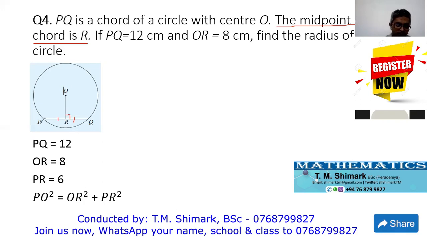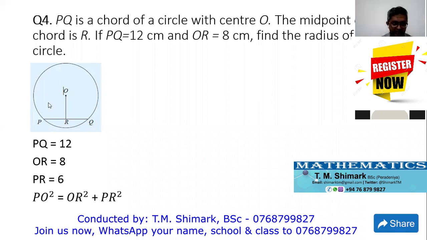So PQ they gave to be 12 and QR is 8, and so PR is going to be 6. So now we can find out OP or PO, that is the radius, right? So whose theorem can we use now here? The theorem we are using is Mr. Pythagoras, our friend.